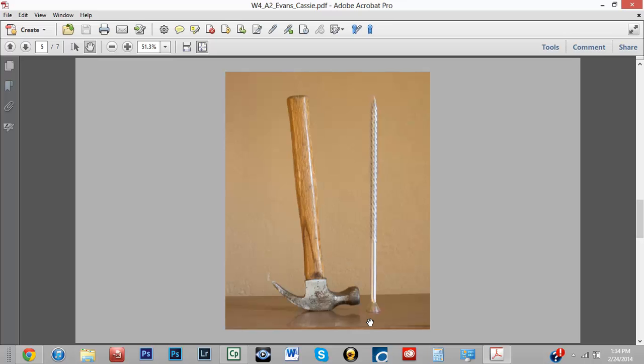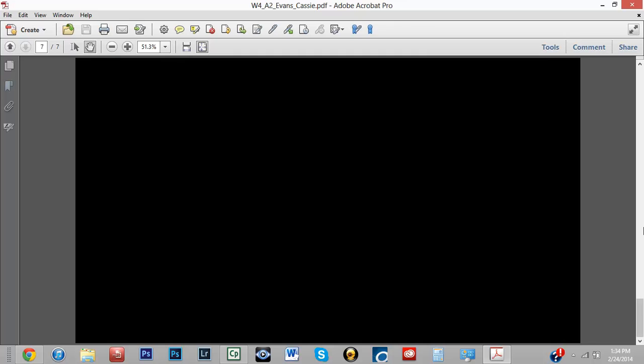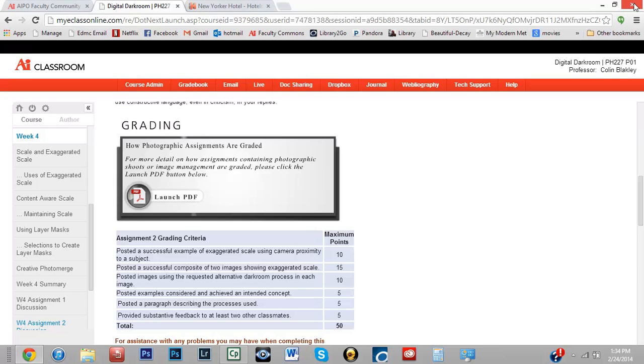I'm not even trying to criticize you guys. Just give you tips on, if you had fun with these and you were to do more of them, what you could do to make it more realistic. But I definitely like this idea. It's like this bizarre giant screw next to a hammer.